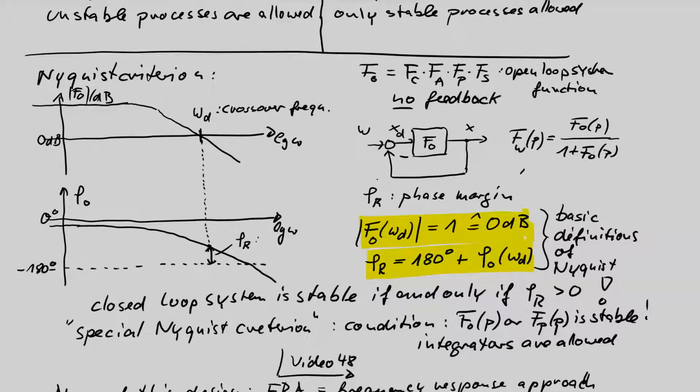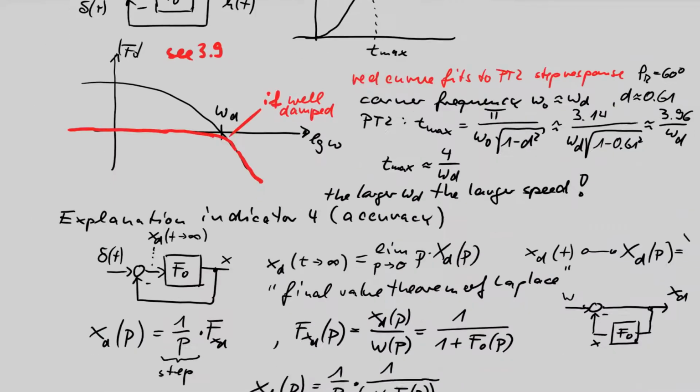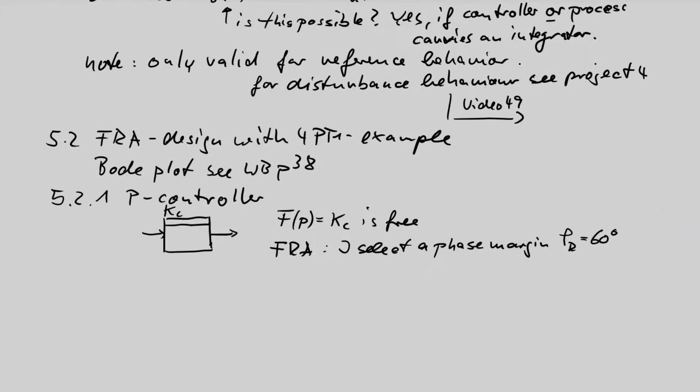I can now calculate the open loop phase of my system. It is also given, calculable. So with Nyquist, I can say, okay, open loop phase at omega d is phase margin minus 180.